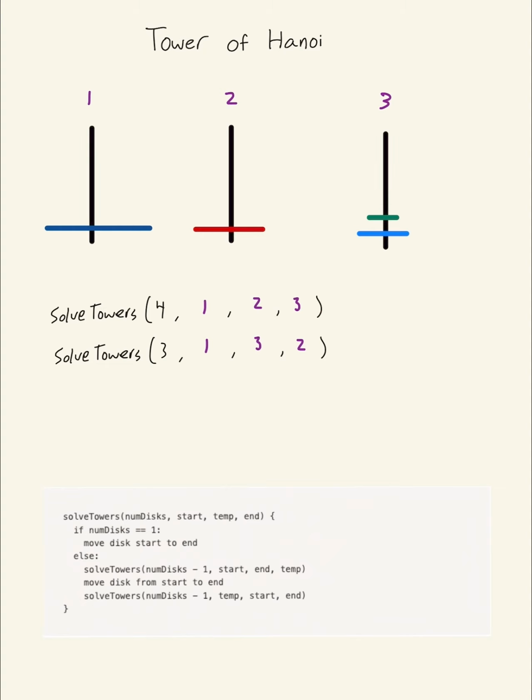So now we're gonna solve towers on numDisk minus 1, and we're going to try to move them from whatever solve towers 3, whatever that temporary is, we're going to move it to the end, which is the 2. So we're moving from 3 to 2.